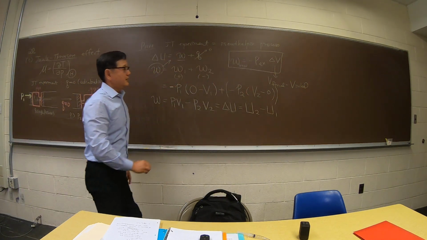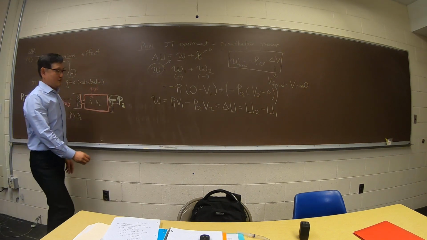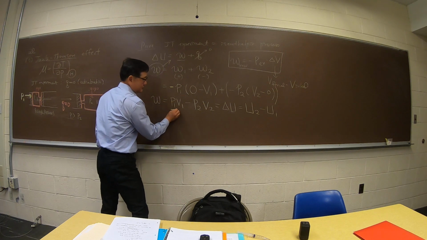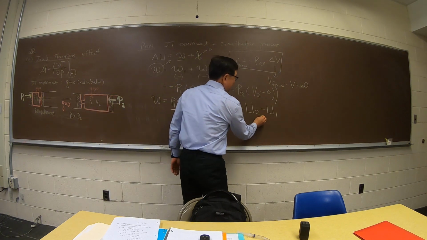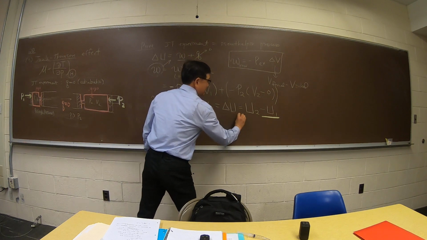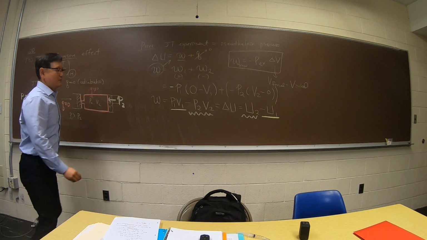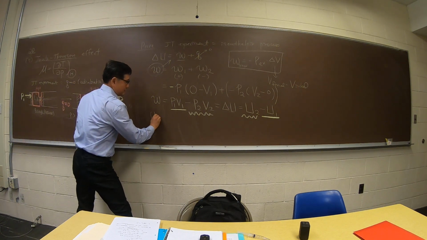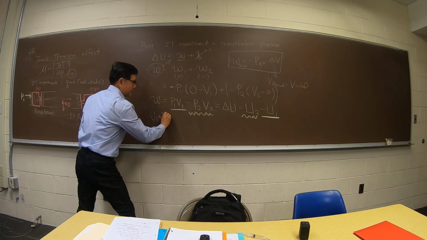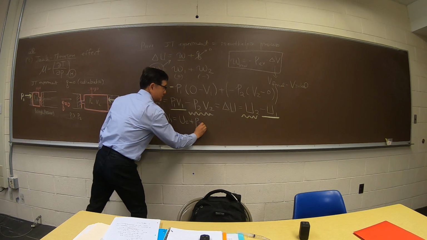This is your internal energy in the beginning. So now, do you see that, right? This one, this one, this one. So it's pretty easy for you to say P1 V1 plus U1 is U2 plus P2 V2.